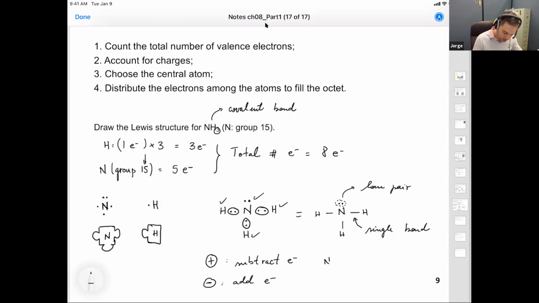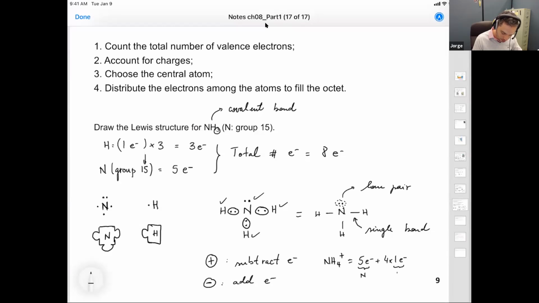For example, if we have NH4 plus, we are going to have a total number of electrons equal to 5 from the nitrogen plus 4 times 1 electron from the hydrogen. This comes from nitrogen.